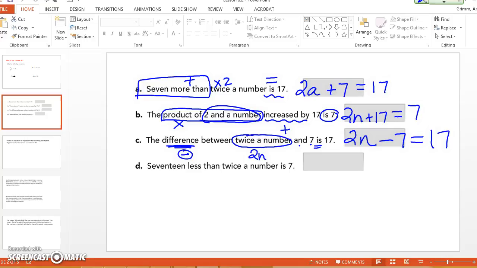17 less than twice the number is 7. So what is that 17 less than? What operation are we talking about now? Subtraction. Good. Okay, now who thinks they can write an equation now that we've done it over and over again? Zeke? Okay, I love that you said equals 7. That's totally right.